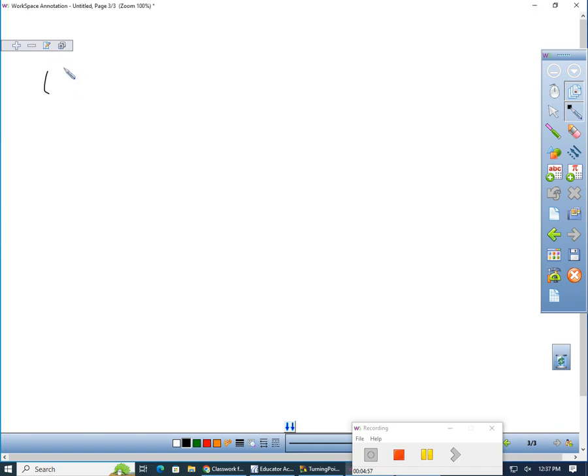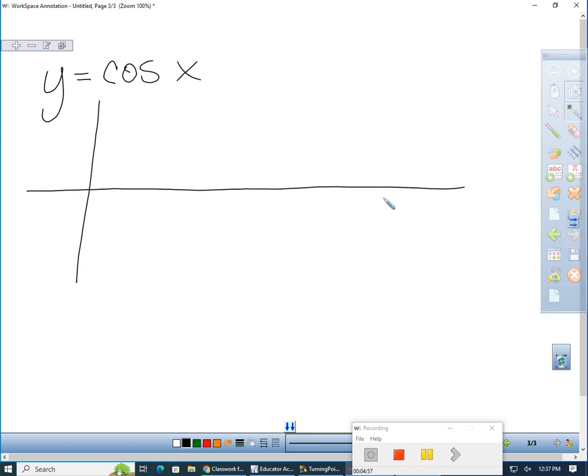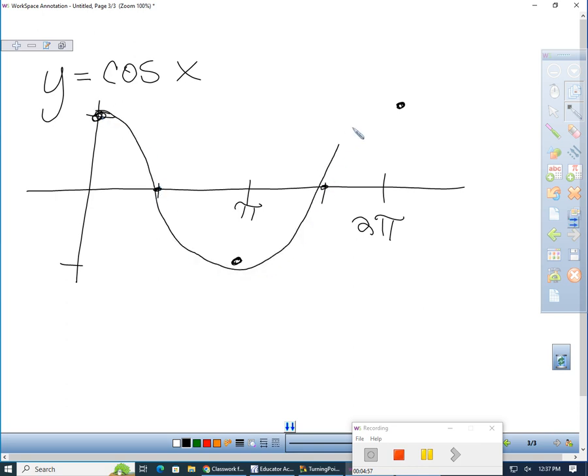Remember that cosine, y equals the cosine of x, always started at our amplitude, finished at our amplitude. In the middle at pi, it went down to our amplitude, and halfway between is where it crosses 0, right? So it did one wave like that.